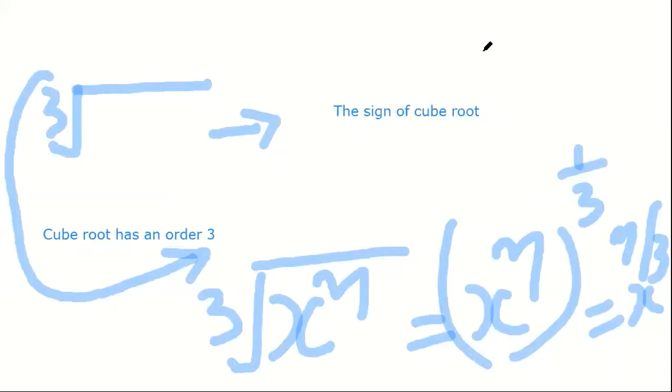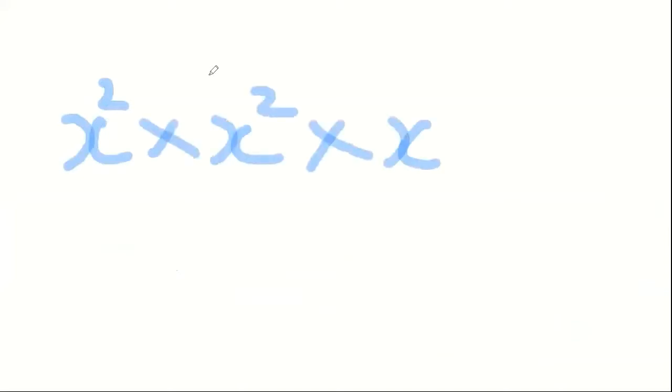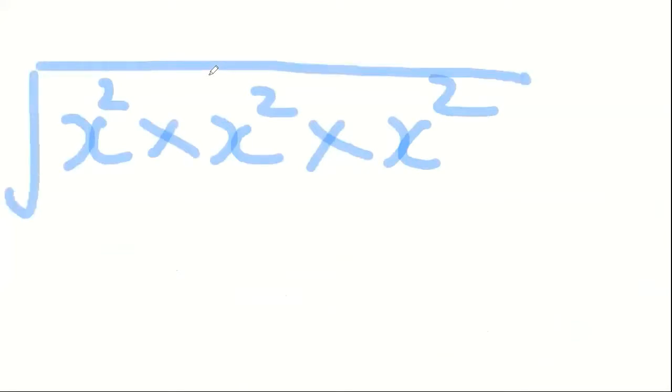So, here is one thing more for you. If I write x square into x square into x square, I put square root. The answer for the question has an order 2, remember?